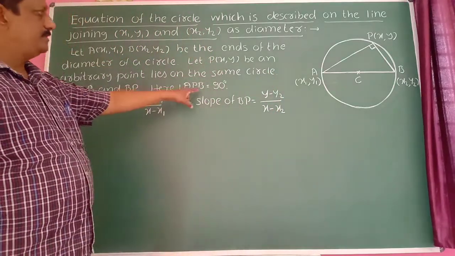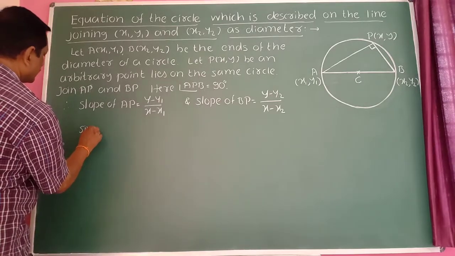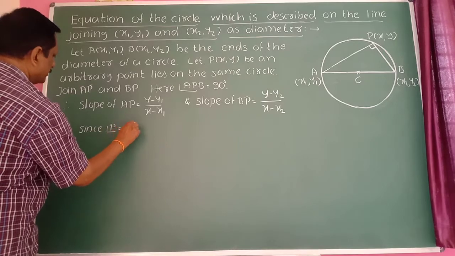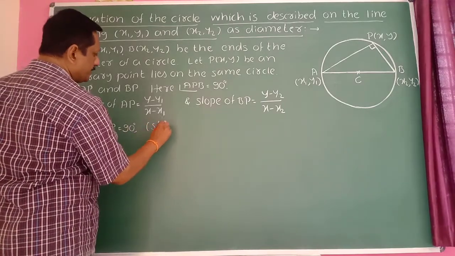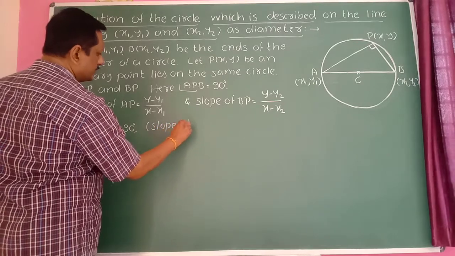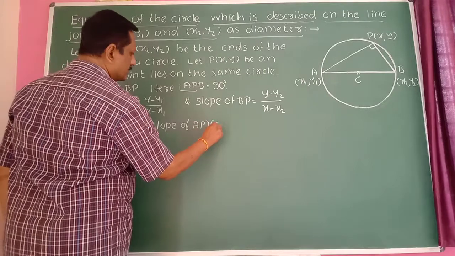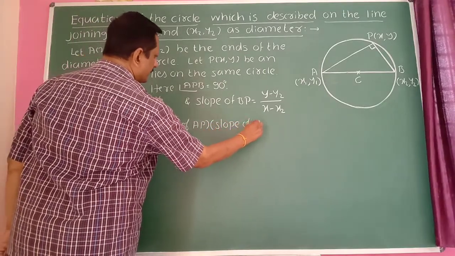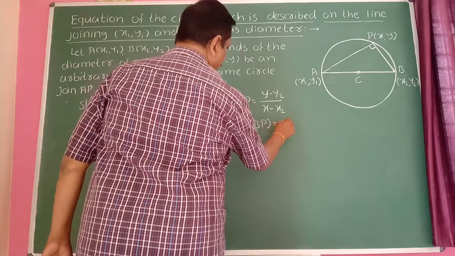Since angle APB is 90 degrees, angle P is equal to 90 degrees, so slope of AP into slope of BP is equal to minus 1.